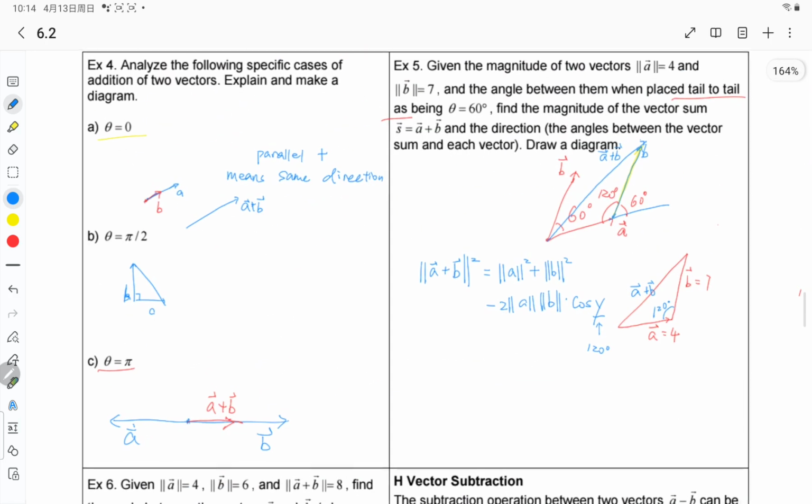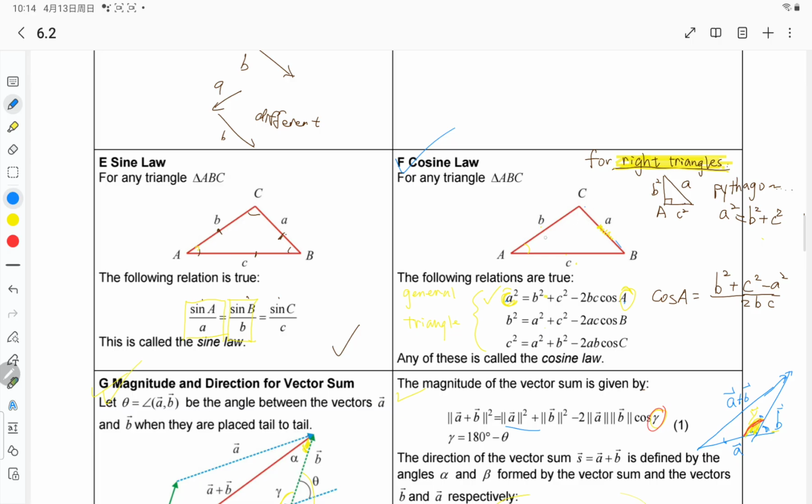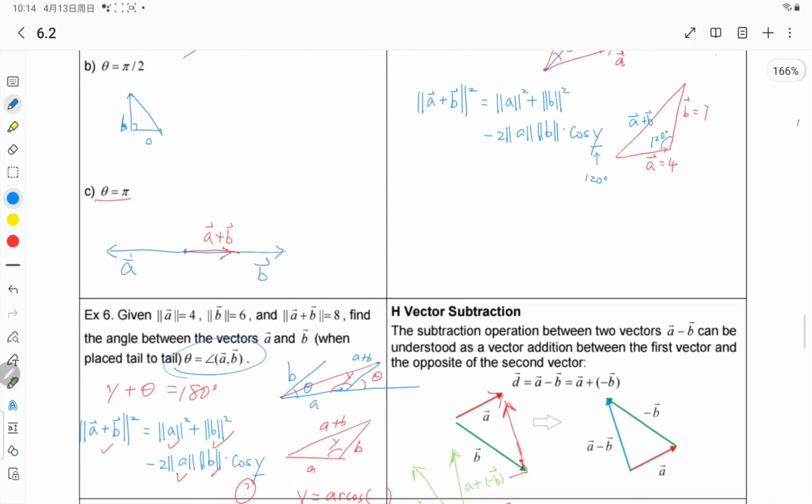You just remember the previous one, you're fine. Just remember the opposite angle and this side: a squared is b squared plus c squared minus 2bc cosine of the opposite angle. So I think we're fine here.